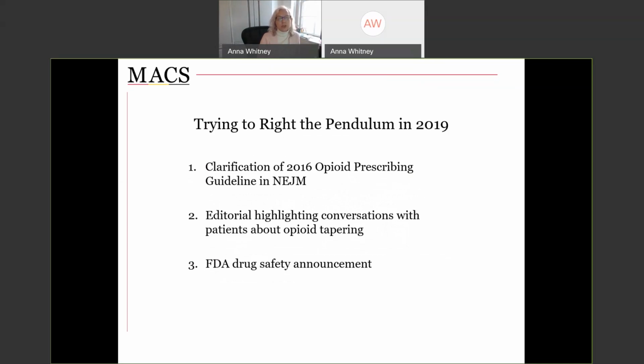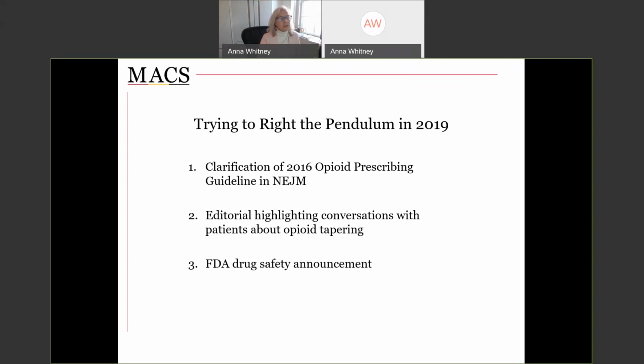Last year, there were three key elements that came out in the literature to provide better guidance for physicians and patients on what to do with the patient population that has been stuck in the middle.